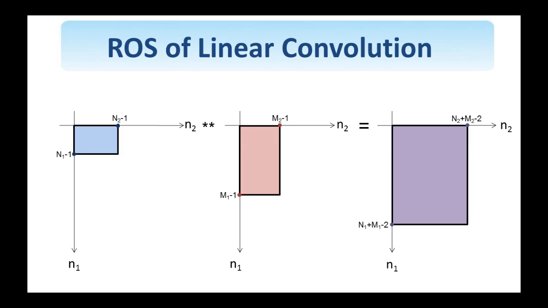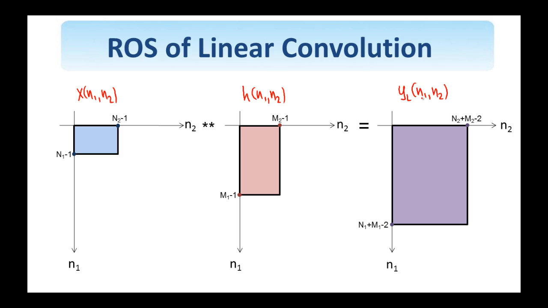Let me refresh your memory here, since this is something we covered at an earlier point. If I'm convolving two signals, let's say this is my x(n1, n2) signal, this is my h(n1, n2) signal, and I'll call the result of the convolution y_L(n1, n2).